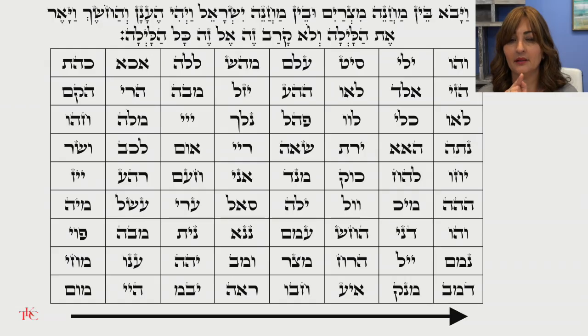If we look in the middle, at the central letter in the 72 name combination, we'll see it's mentioned there: Vav, Yud, Bet, Aleph. If you scan from the bottom of the chart going top, from left to right, the central letter of each combination comes from the second verse mentioned in the book of Beshelach.